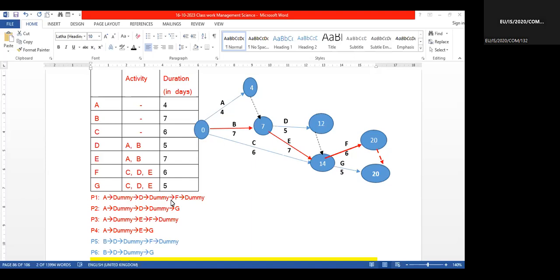The critical path and activities are the key determinants of the project duration, and based on that we decide how many days are required to complete the project. Therefore, it is called the critical path. If there are delays in any activities of the critical path, that will affect the project completion time.